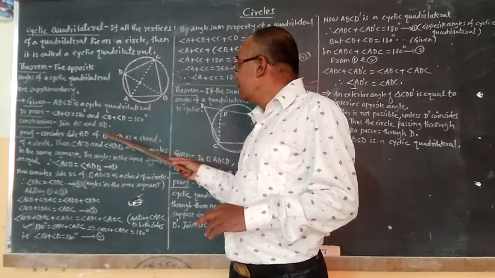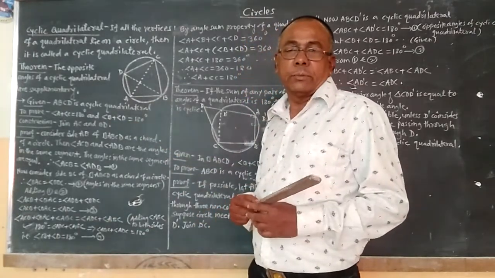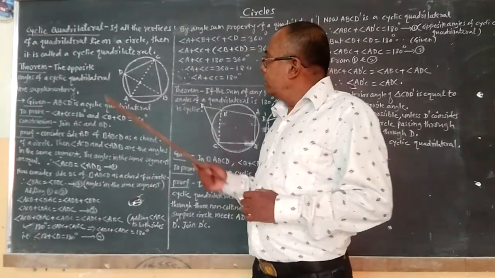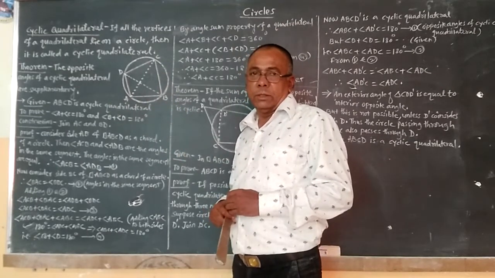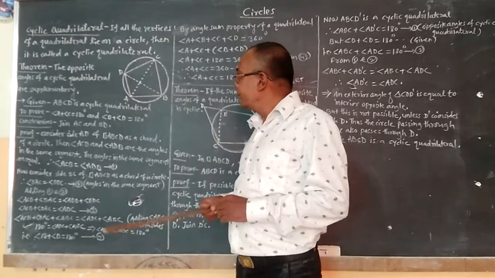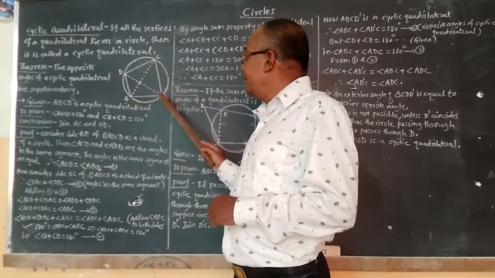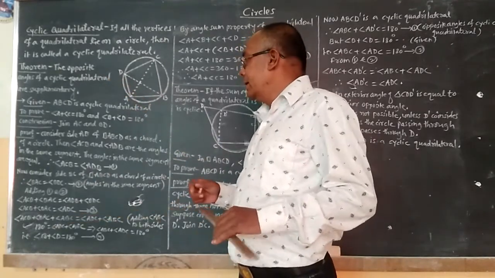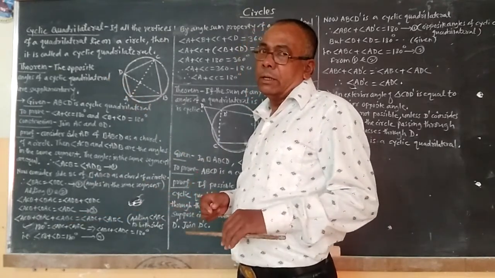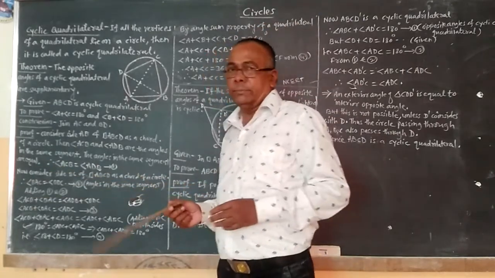Here also angle B plus angle D is equal to 180 degrees. In this figure there is a construction. What is the construction? We have joined AC and BD. Now we will see the proof of the theorem.